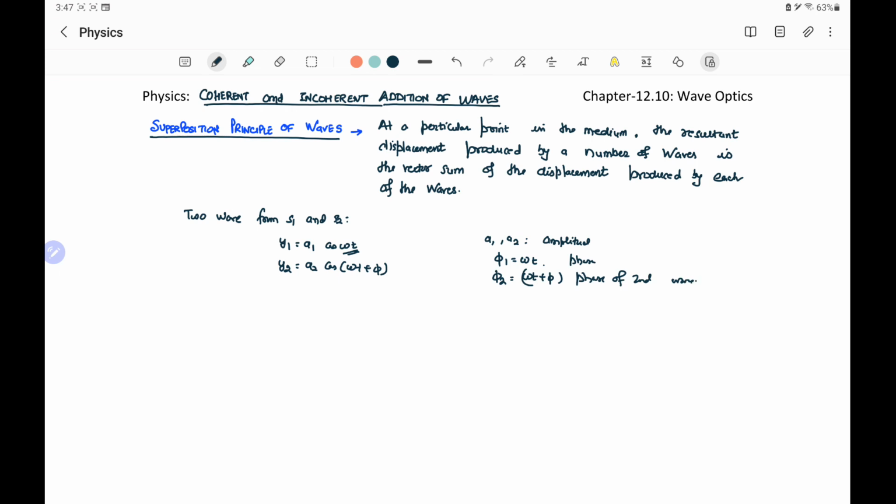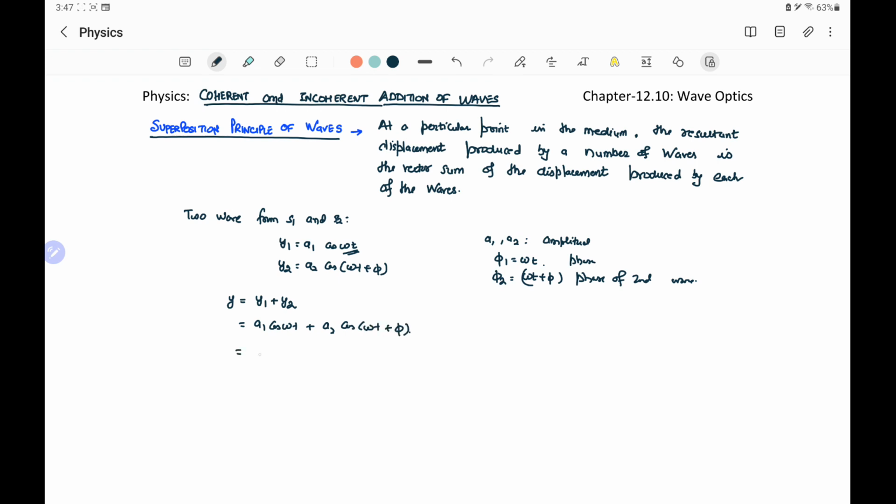As per the superposition principle of waves, the net displacement at a point will be the sum of the displacements by individual waves. So it will be a1 cos omega t plus a2 cos (omega t plus phi).